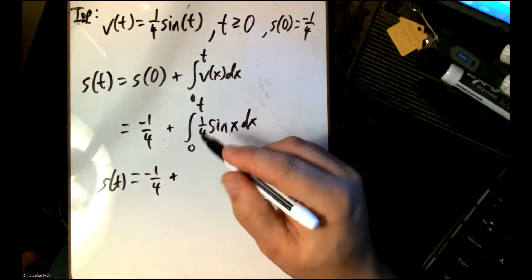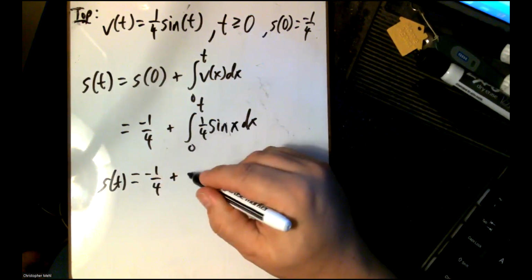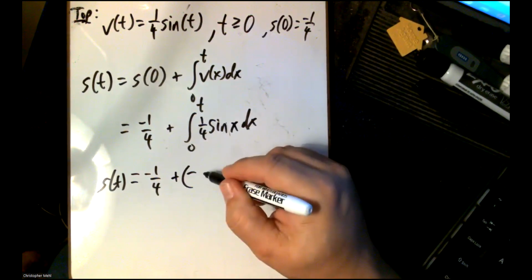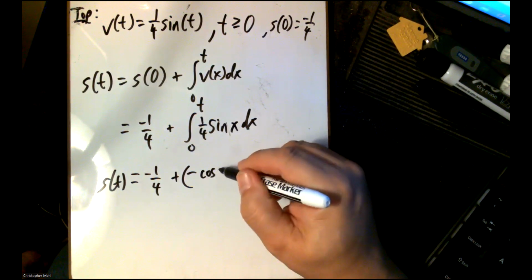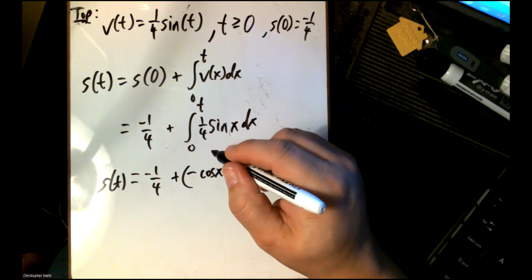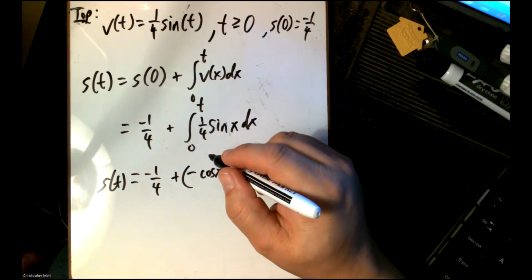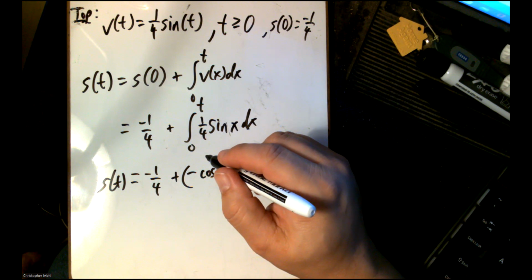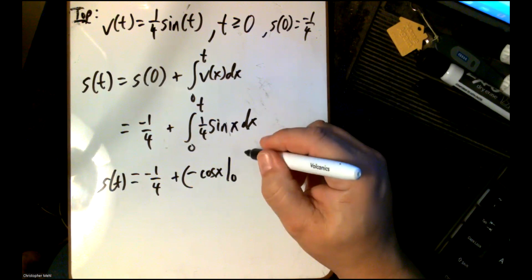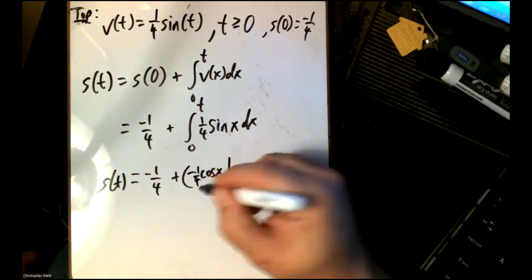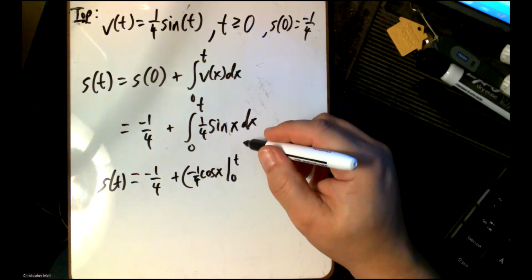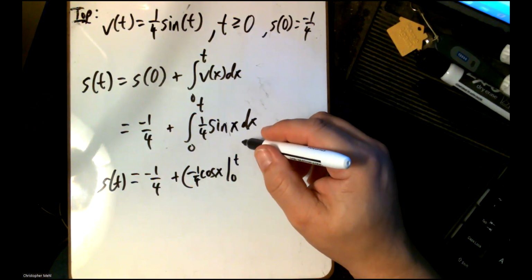Okay, so that's going to be negative 1/4 cosine evaluated between 0 and t.